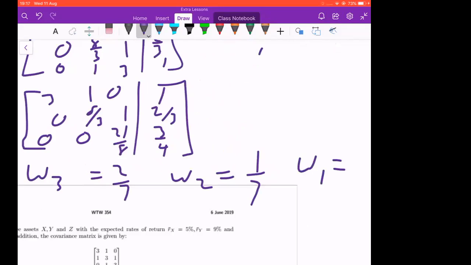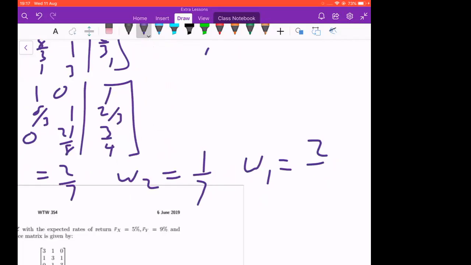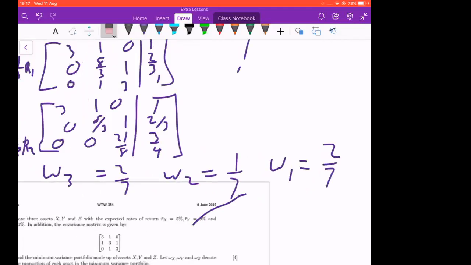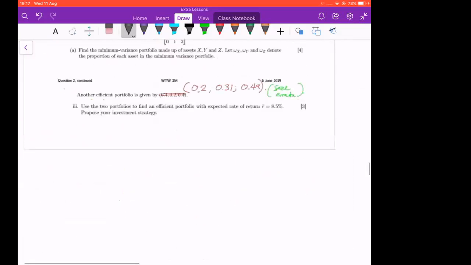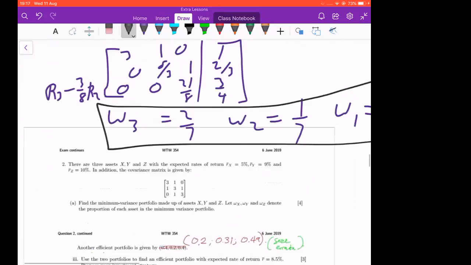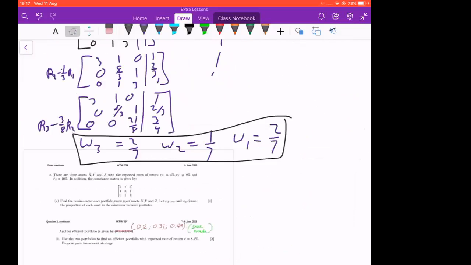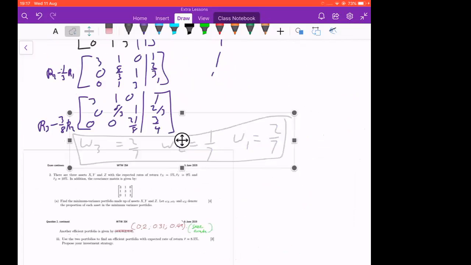And for 1, it's going to be 2 over 7, right? So this is the weight. Notice one thing: when you do the MVP, the weights almost all the time are not going to add up to 1, and you will have to, what's the word they use?